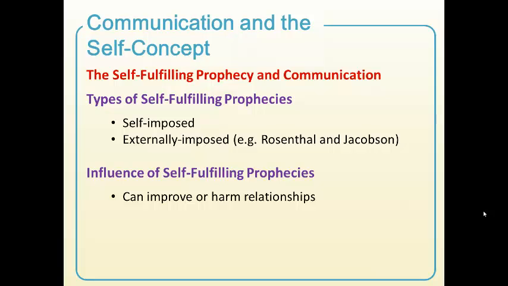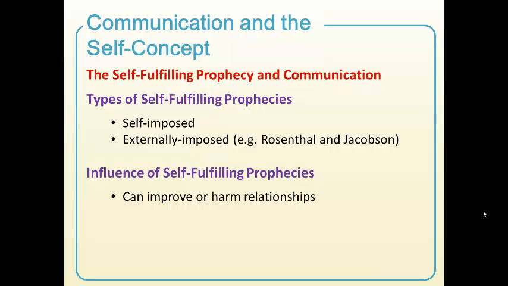So for example, in the text you'll learn that there are different types of self-fulfilling prophecies. Sometimes those come from within, they're self-imposed, how we view ourselves, and sometimes they're externally imposed. So someone gives us a sense of how they think we're going to perform, and we perform to it.